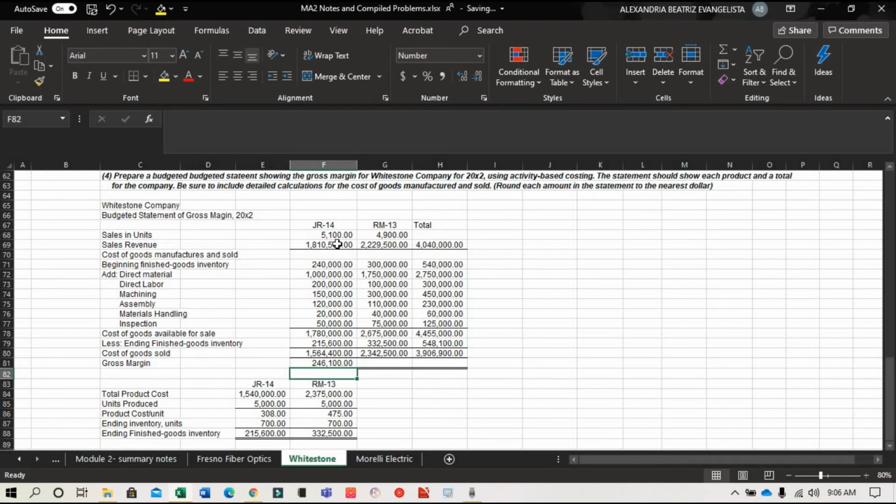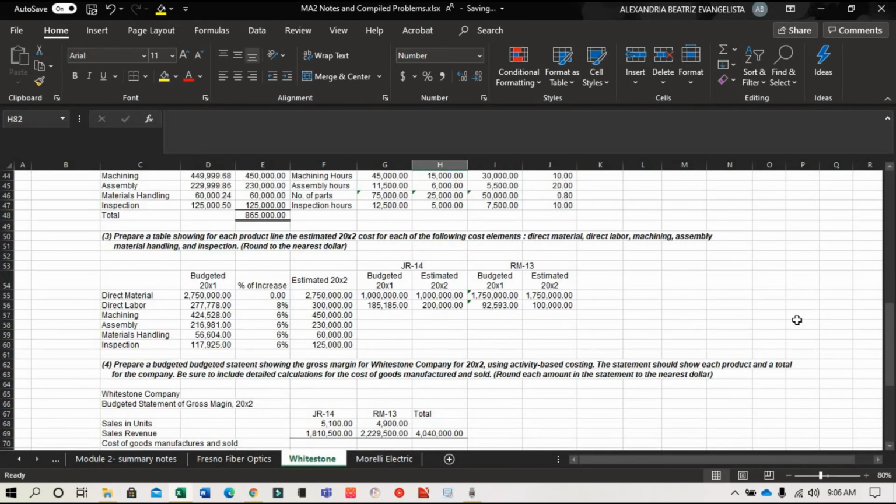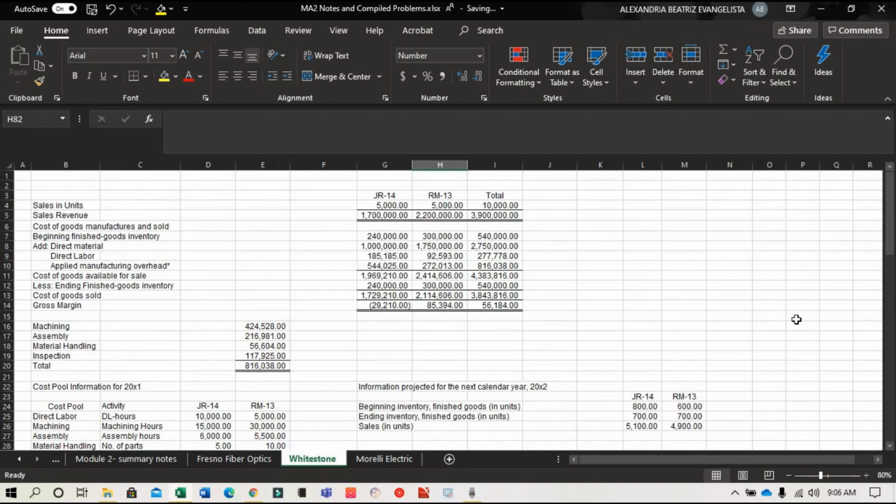For RM13, that is negative 113,000, and the total gross margin for the whole company is 133,100. So that's how you compute for problem 5-67.